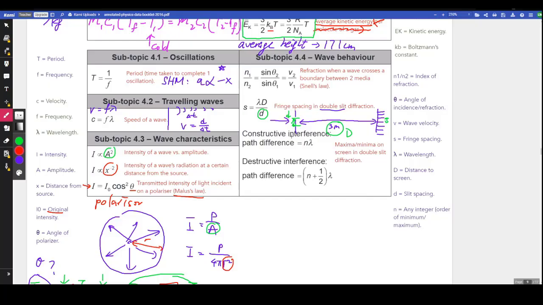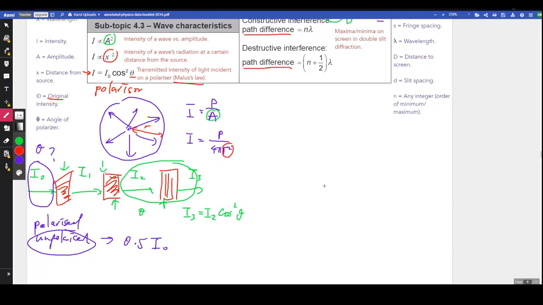For the next one, it is about interference. Path difference, in case you don't remember, is calculated like this. Let's say this is point A and this is point B, and if you want to find a certain point, let's say point C, where you have the interference, no matter whether it's constructive, destructive, or whatever.